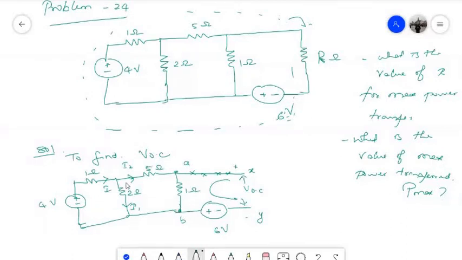So this current I2 will be ultimately flowing through this 1 ohm resistance. Fine. So therefore the voltage drop VAB is nothing but I2 into 1. So I need to find this I2. You can simply use the current division rule to find I2.